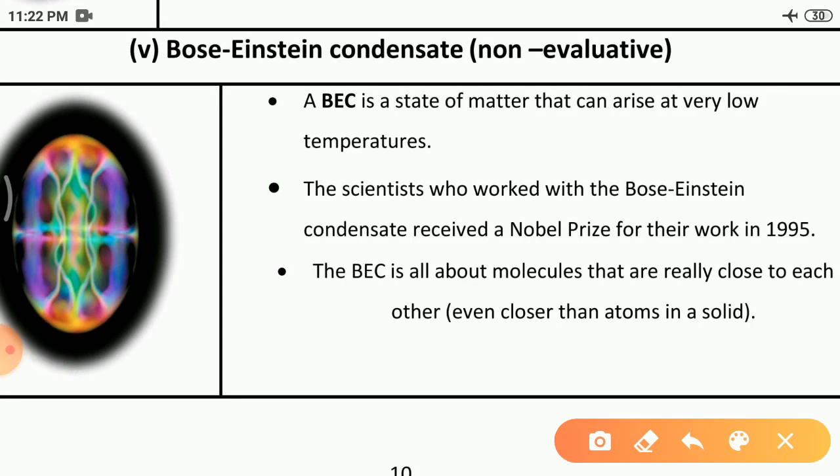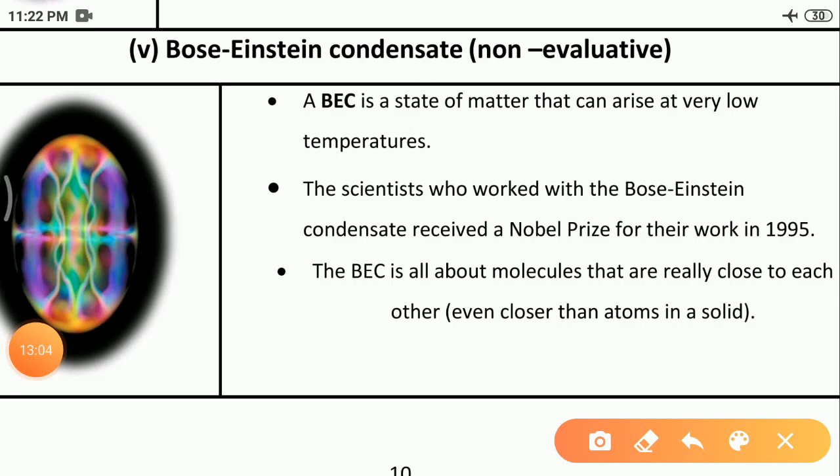In 2001, Eric A. Cornell, Wolfgang Ketterle and Carl E. Wieman of USA received the Nobel Prize in Physics for achieving Bose-Einstein condensation. The BEC is formed by cooling a gas of extremely low density, about one hundred thousandth the density of normal air, to super low temperature.